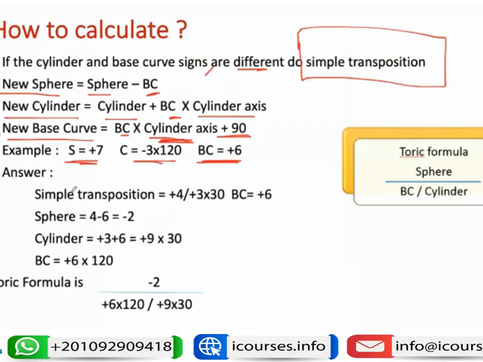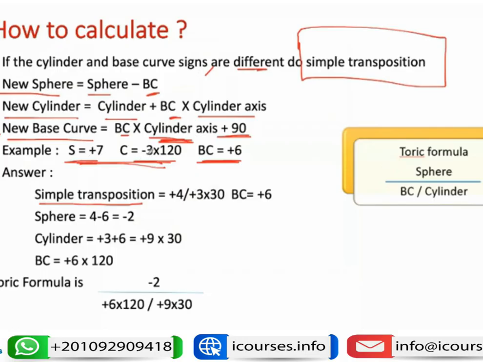So the answer: here we can find that the cylinder sign is different from the base curve. Here it is minus and here it is plus. So first we need to do a simple transposition in order to make the base curve sign and the cylinder sign the same. So we do a simple transposition for the -3.